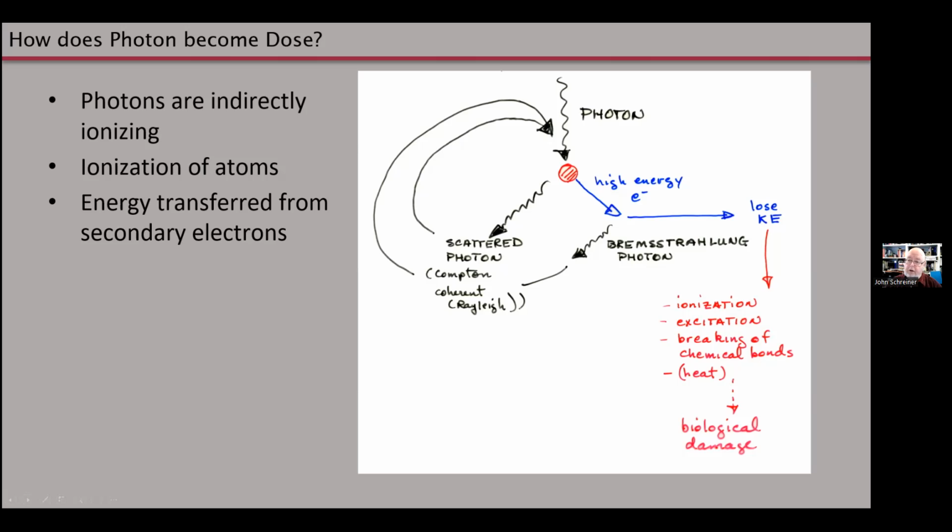There's a creation of a lot of free radicals and all kinds of breaking of chemical bonds. And that will hit particular important molecules in the cell, and that will create the biological damage. So these photons are indirectly ionizing, but it's these charged particles that are being created that deliver energy into the medium.